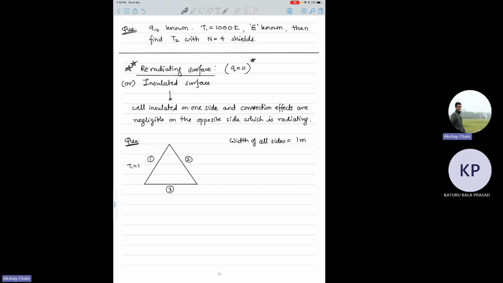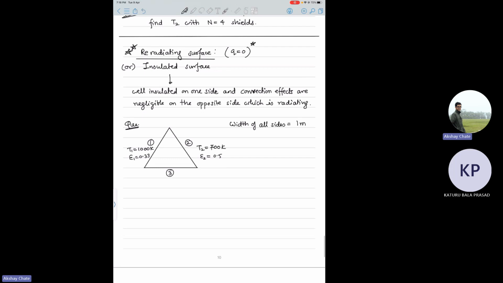T1 is 1000 Kelvin and epsilon 1 is 0.33. T2 is given as 700 Kelvin, emissivity is 0.5, and this one is your insulated surface, with temperature which is unknown.